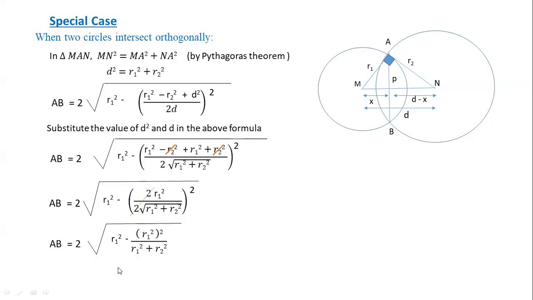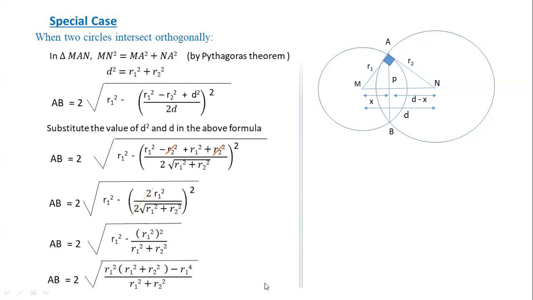Now take the LCM of this whole thing. When you take LCM, this should multiply with R1 square plus R2 square. So R1 square into R1 square plus R2 square minus R1 square will become R1 raised to 4 upon R1 square plus R2 square. Now open the bracket here.